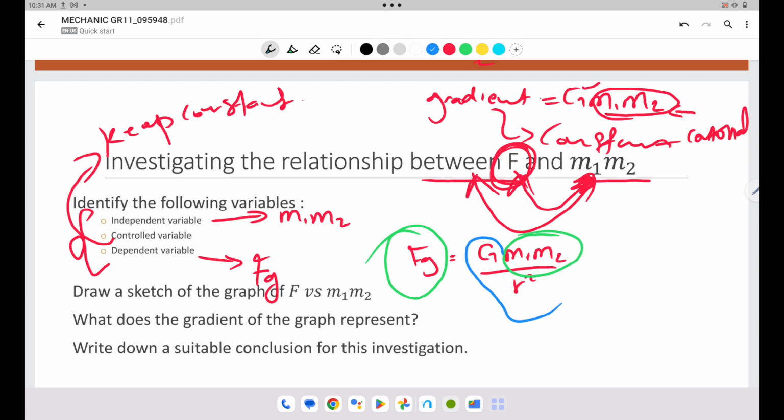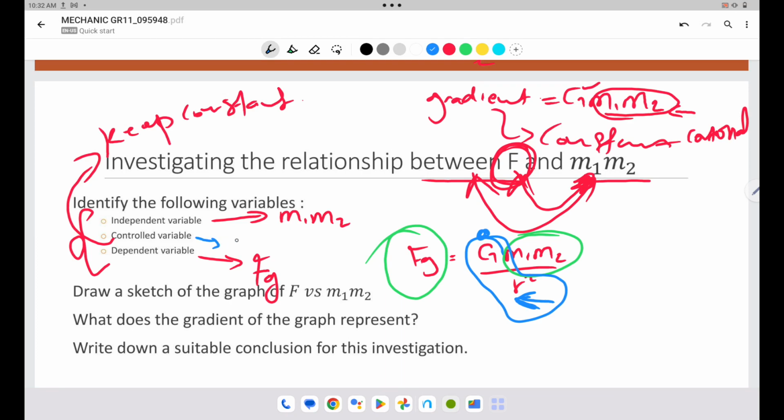From the equation, G is not something that we can keep constant. G is already a constant. The question is, what do we then need to keep constant? Because this can vary, we need to make sure that the distance between the centers of m1 and m2 is kept the same. We need to make sure that it does not change.